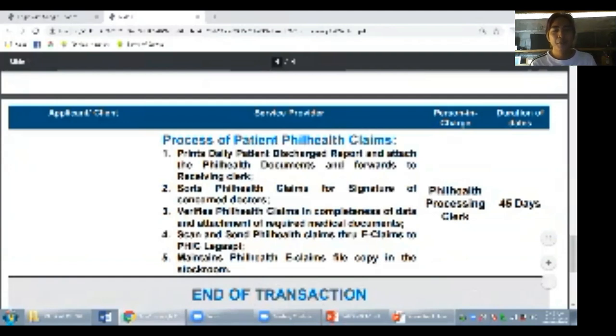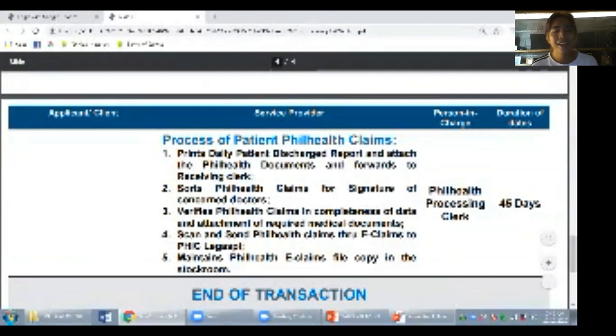In general, the process of patient PhilHealth claims in Bicol Medical Center. First, they print the daily patient discharge report, attach the PhilHealth documents and forward to the receiving clerk. Second, sorts PhilHealth claims for signature of the concerned doctors or medical practitioners. Third, verifies PhilHealth claims for completeness of data and attachment of required medical documents.